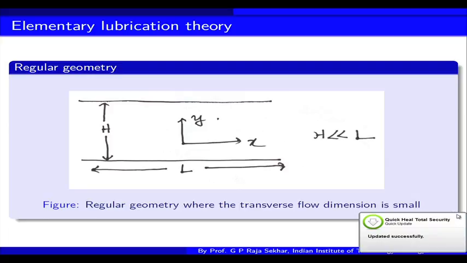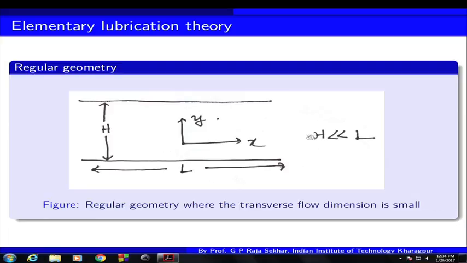When this is much smaller, what happens to the corresponding Navier-Stokes equations? That is what we want to understand.